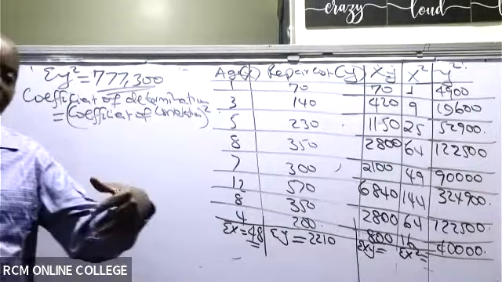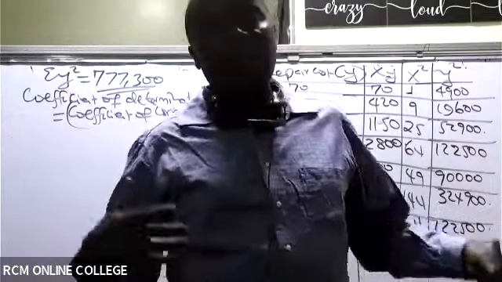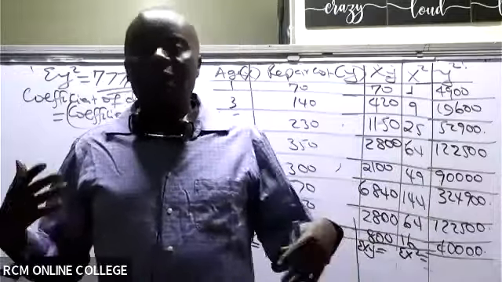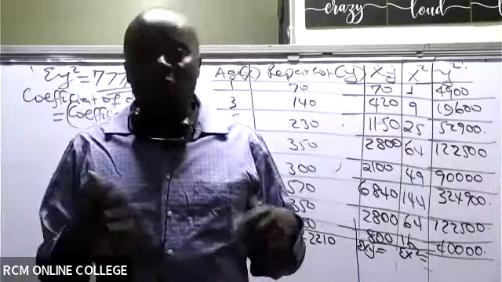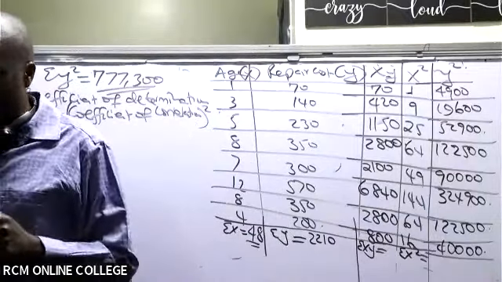So anytime they ask you to give them coefficient of determination, always remember that this is a child of the correlation coefficient. You simply square the coefficient of correlation to get the coefficient of determination, like that.